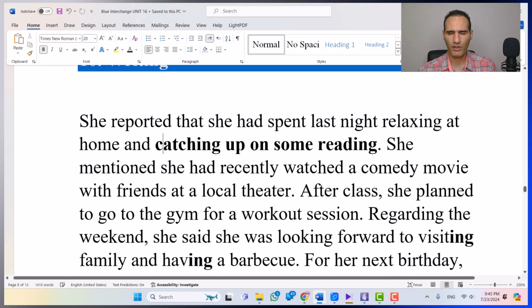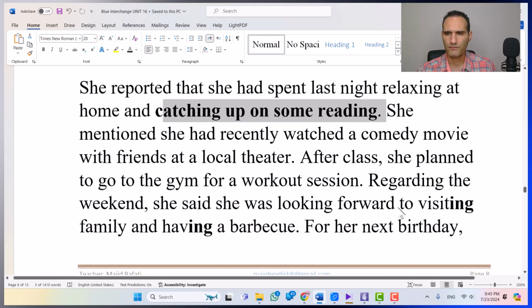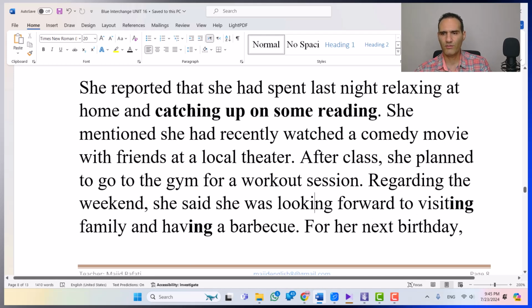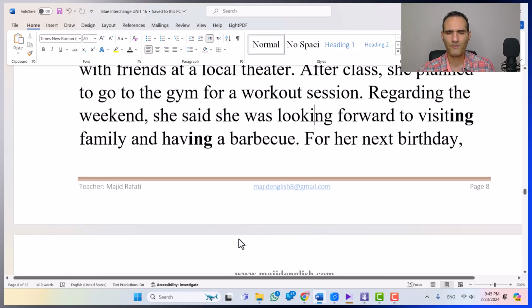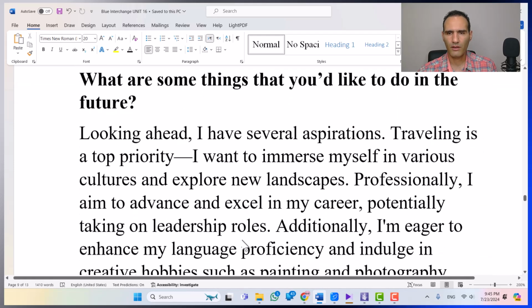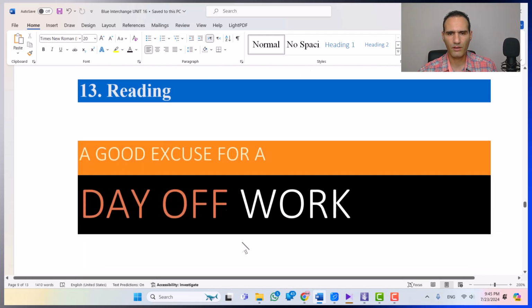Here, catch up on some reading, so the readings that are left from the past, and now you will go and do them. Again, here another example of look forward to verb-ing, and the parallel verbs, visiting, having. And in this speaking, nothing.